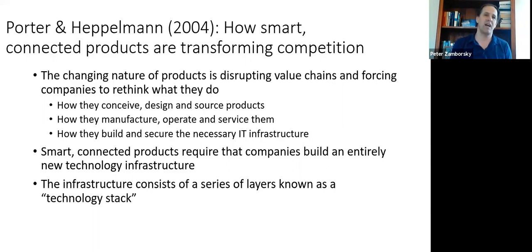You need to have products that are linked to, now the 5G networks and Industry 4.0, where a lot of what we thought about as kind of discrete industries will be now linked through technology to other industries and networks.